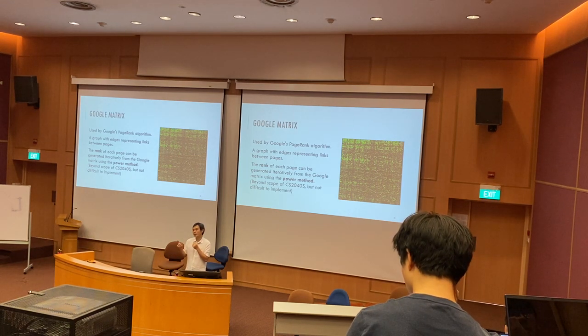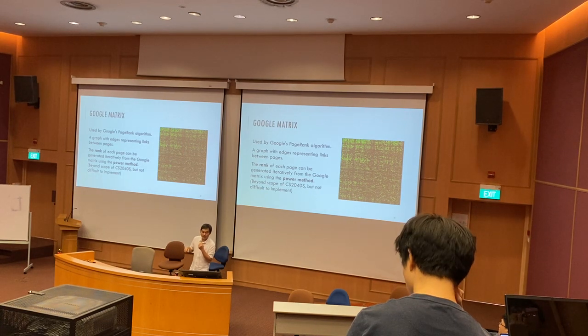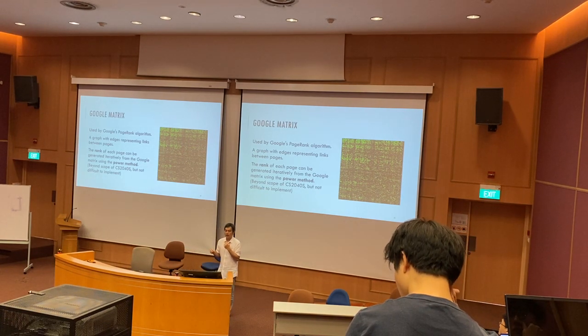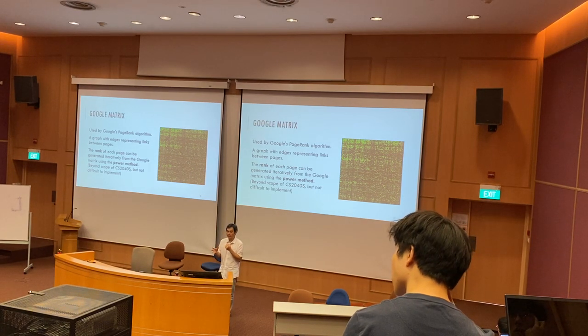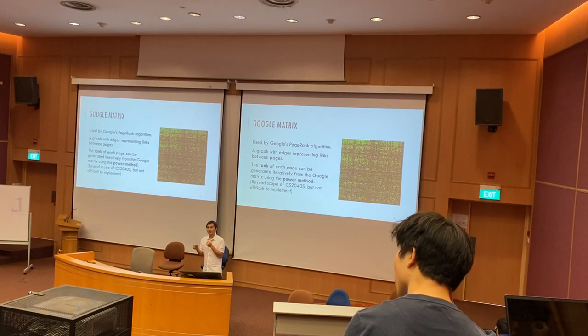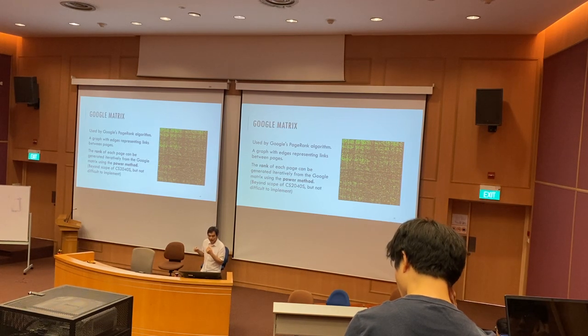In fact, it represents the probability that you go to a particular website from a given website. Then you can compute the rank, or rather the importance, of a particular website using matrix calculations. It is beyond the scope of CS2040, but I thought it would be fun.